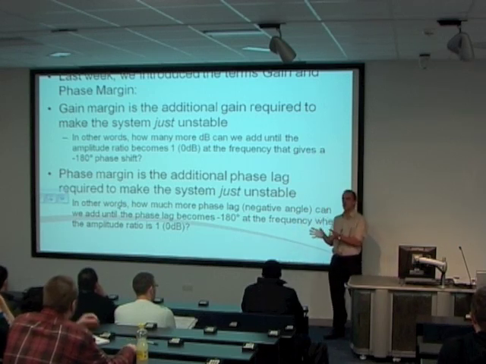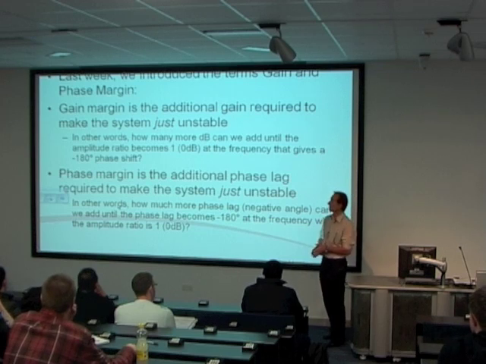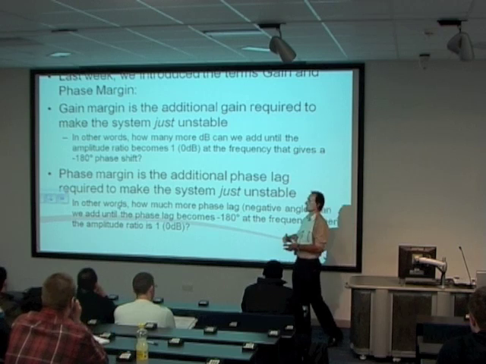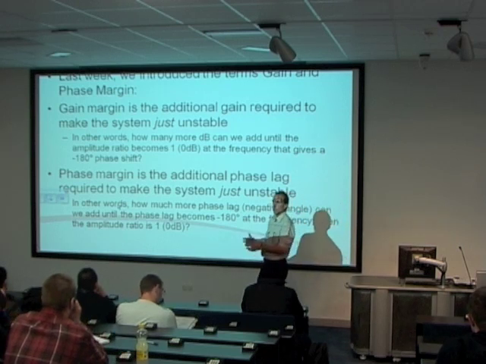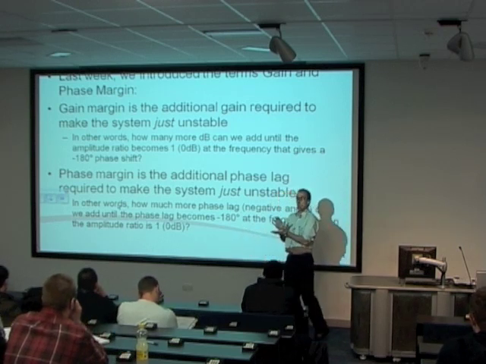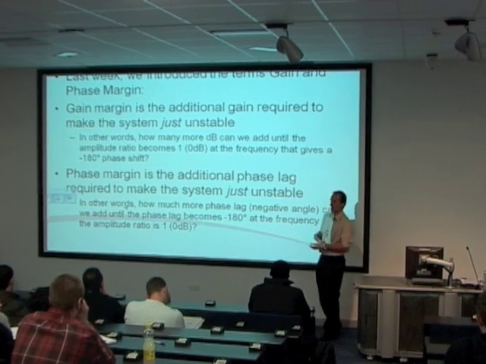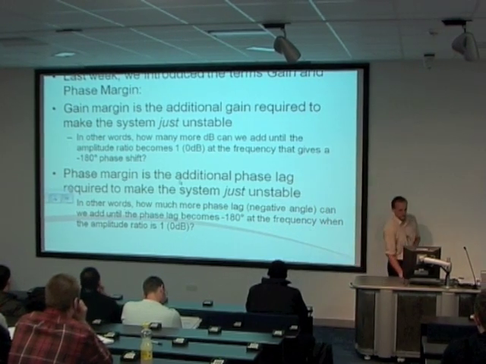We're looking for this -1 number on the open loop. Phase margin, similarly, is how much additional phase lag can we put into a system to bring it to that point of just about unstable. So those are the numbers that we're looking at.